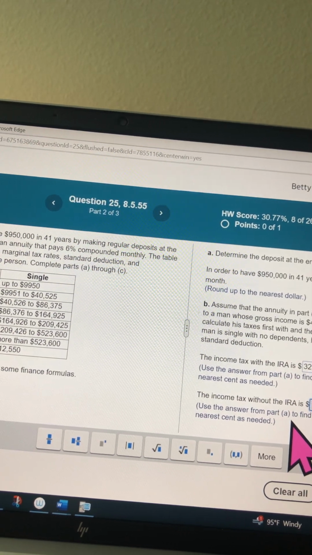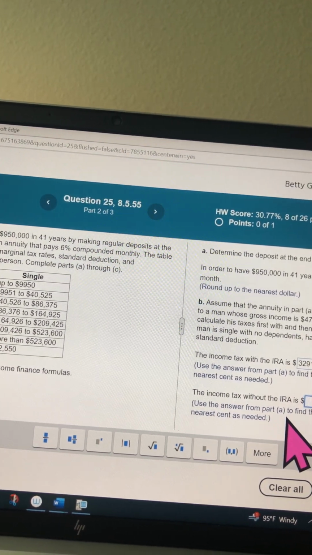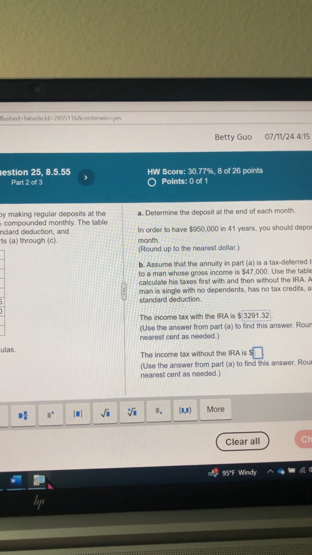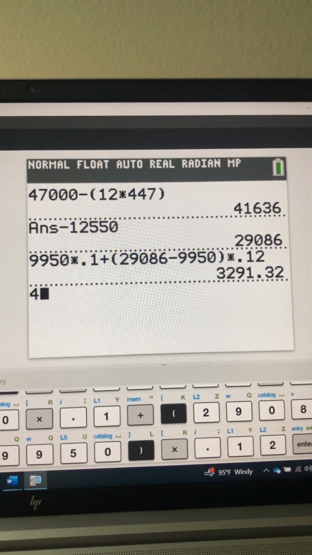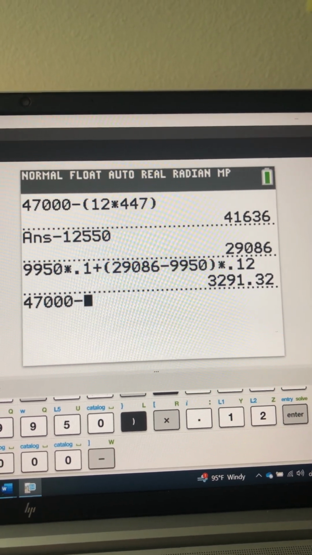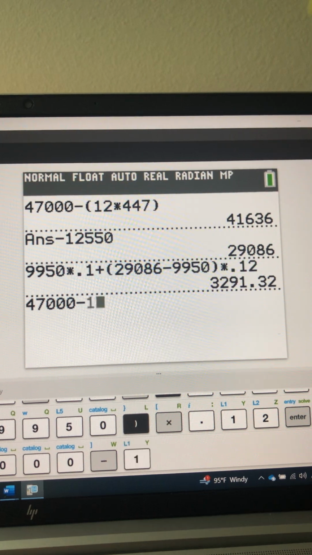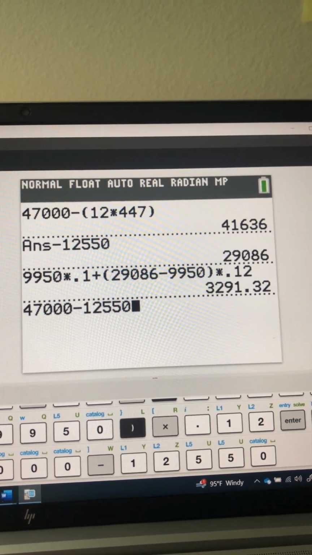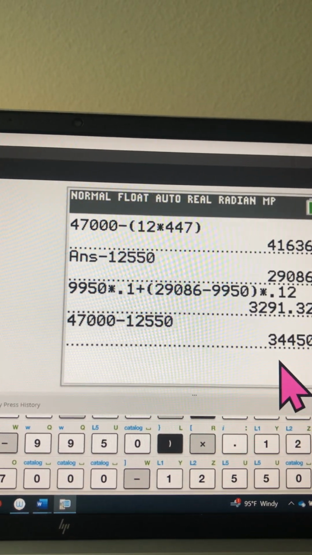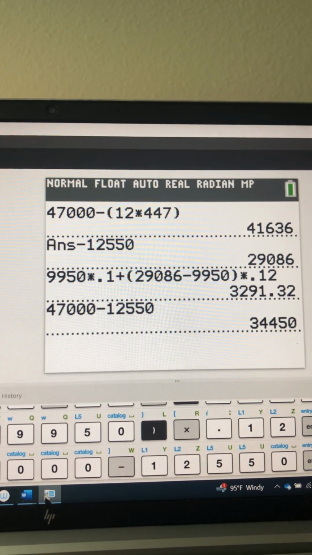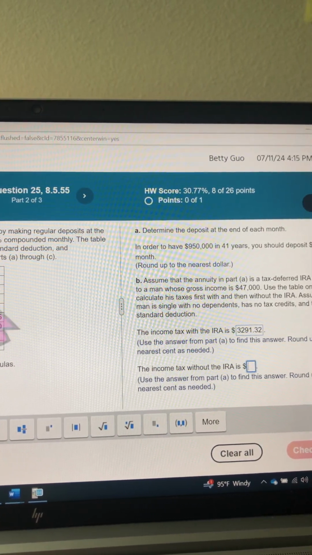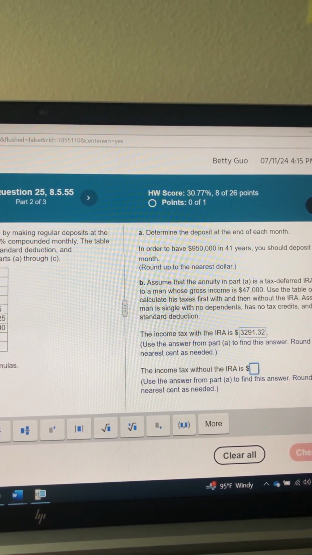Without the IRA, the gross income is 47,000, minus the standard deduction, 12,550, and the taxable income this time is 34,450. It still falls in the second bracket.